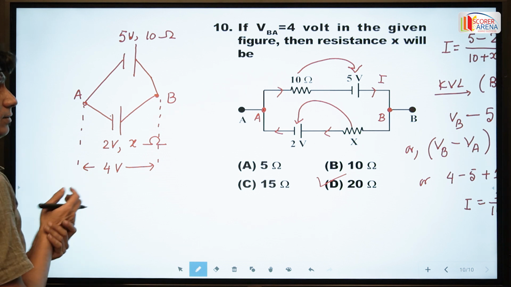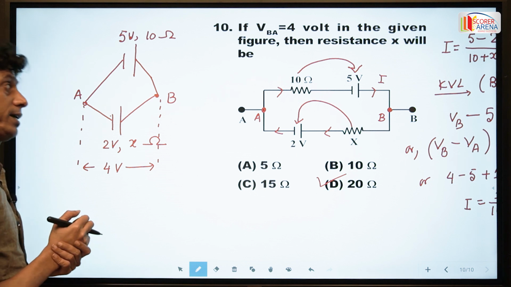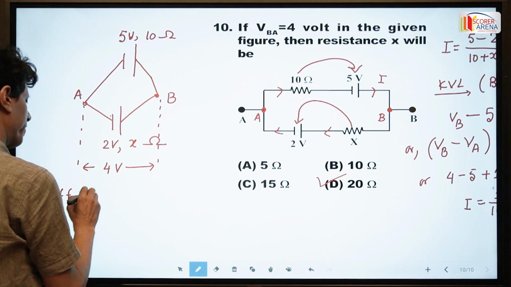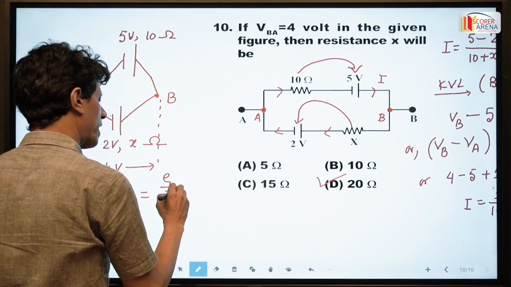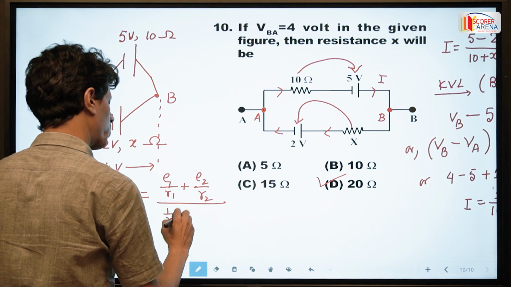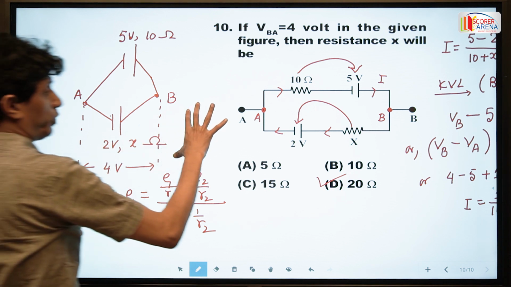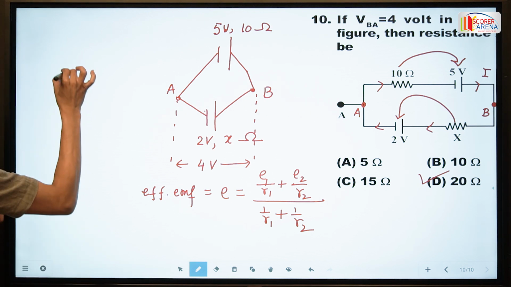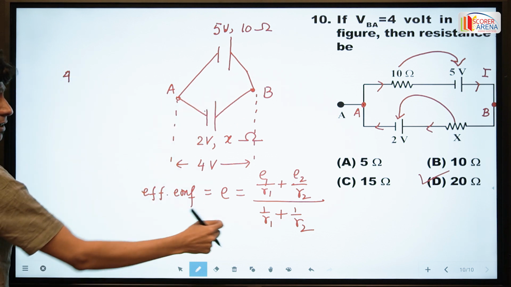So if we calculate, this is a combination of non-identical cells. In the case of non-identical cells, the effective EMF E is equal to E1 by R1 plus E2 by R2 divided by 1 by R1 plus 1 by R2. So putting the values in this problem, E, that is the potential difference between B and A, is given as 4 volt.